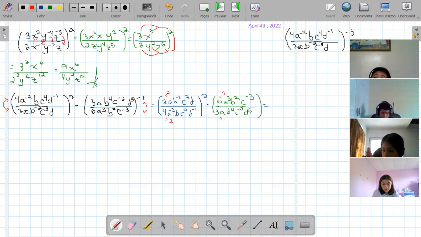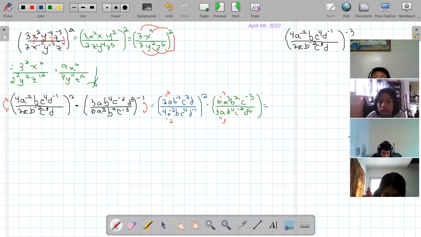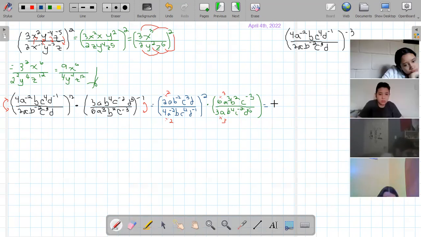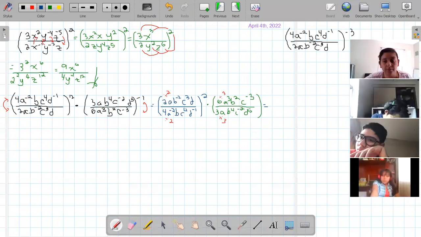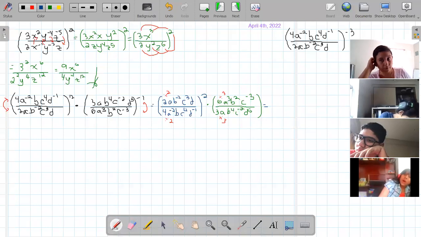Well, I'm going to do that at the same time, okay? I'm going to simplify the numbers and then copy the variables just as they are. I'm not doing anything to the variables yet, okay? I'm just going to simplify the numbers. So 2 divided by 2.